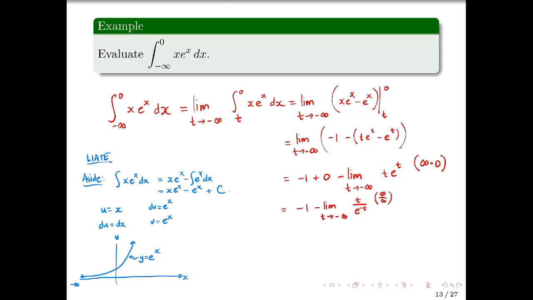So in here, we now apply L'Hopital's rule. And what do we get? We get the derivative of this. We also get the derivative of this. So we will have minus 1 minus the limit as t approaches negative infinity of 1 over negative e to the minus t.